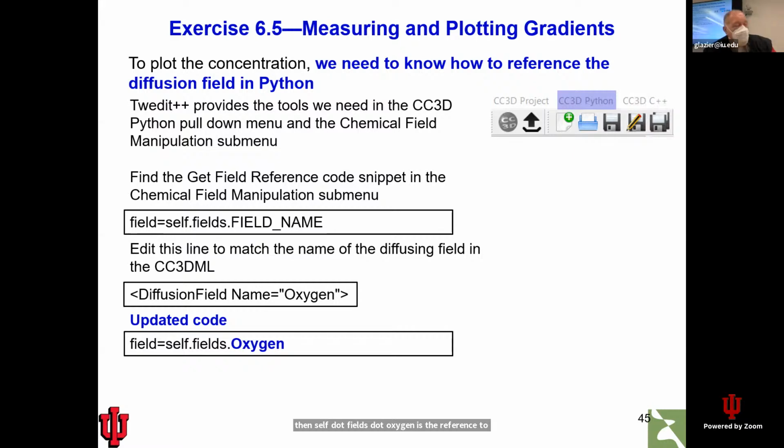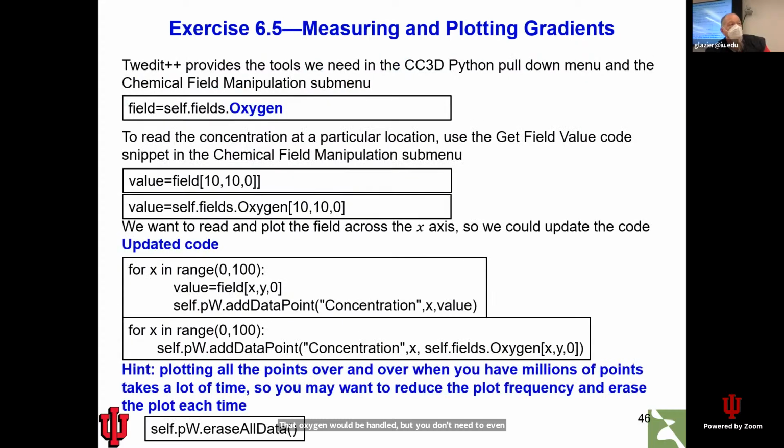It's sometimes nice to have a handle to it, so here field equals self.fields.oxygen would be a handle, but you don't even need that. If we want to read the value, I just do the coordinates. So oxygen[10, 10, 0] gives me the concentration at point 10, 10. Okay.